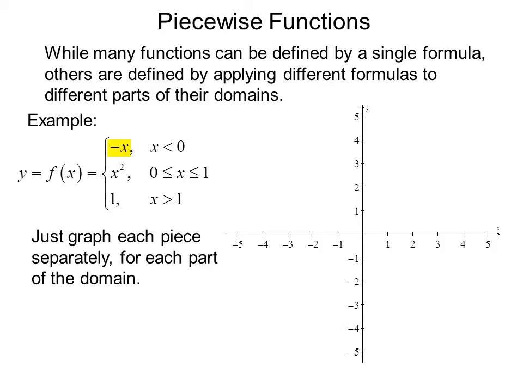So it's negative x for that part of the domain where x is less than 0, and we graph the line y equals negative x. It has a slope of negative 1. We use the x squared graph where x is between 0 and 1, and you recognize the x squared graph as a parabola.